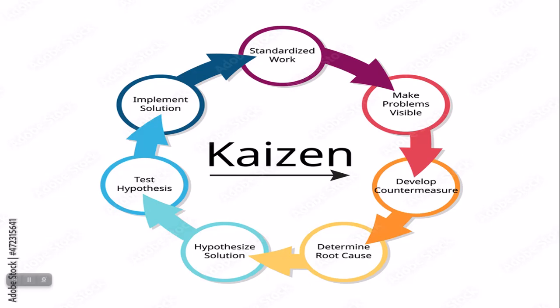Then develop countermeasures, that is, what should be done if the present process is not followed. Determine the root cause of the problem. Hypothesize a solution. Test the hypothesis. Then implement the solution. And again, work should be standardized.